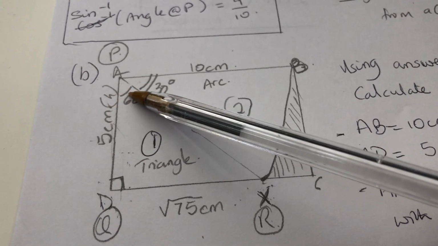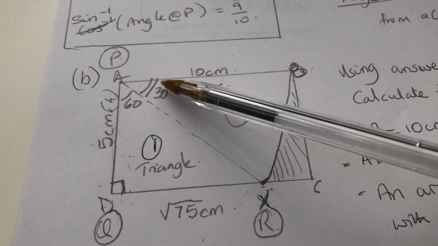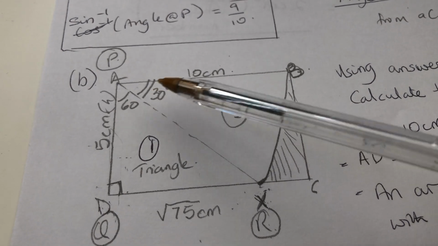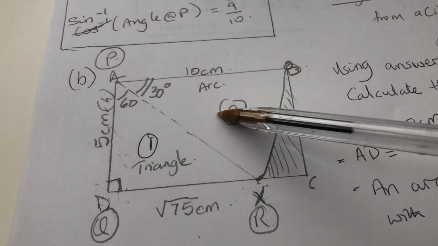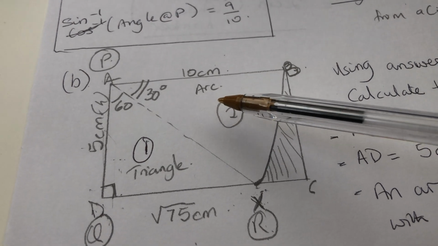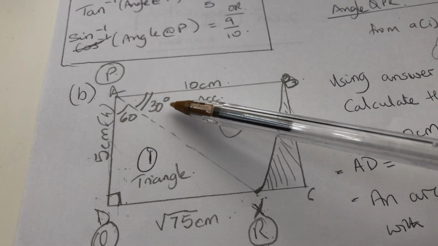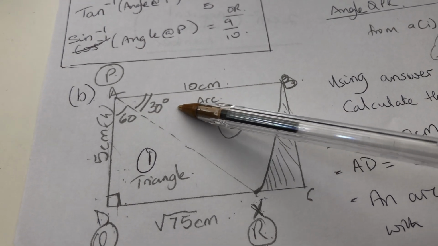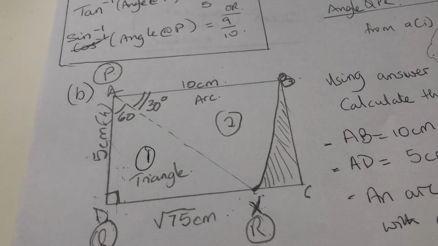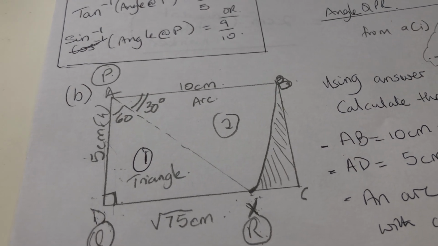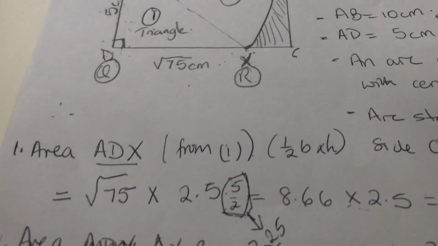So if this is 90 and this is 60, then that is 30. To find the area of a sector, it is pi r squared times your angle over 360. We've done this in the video.